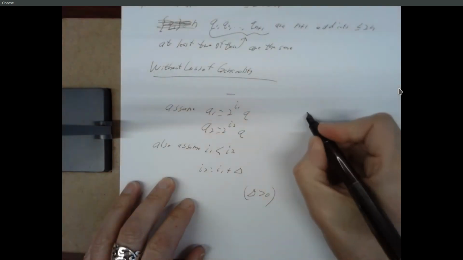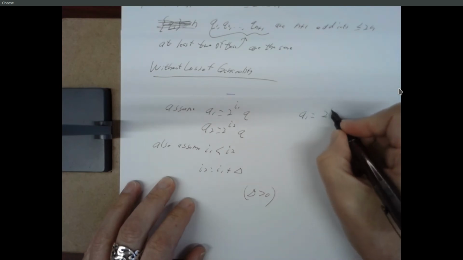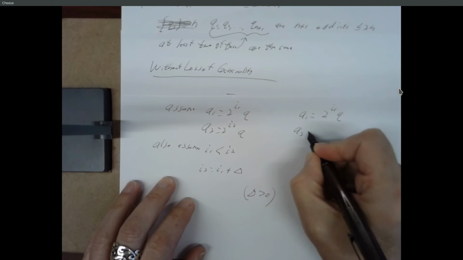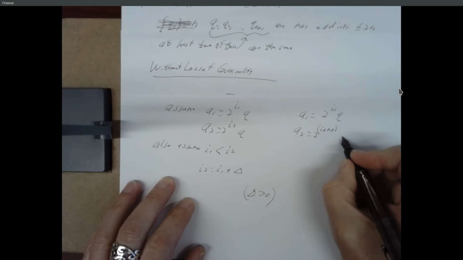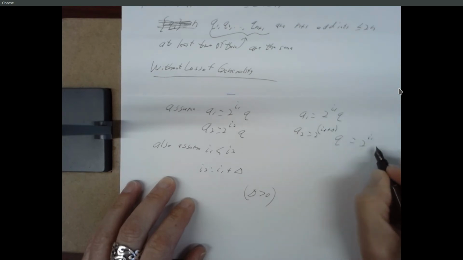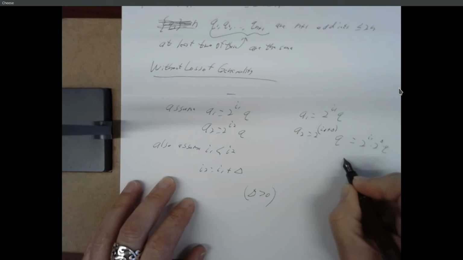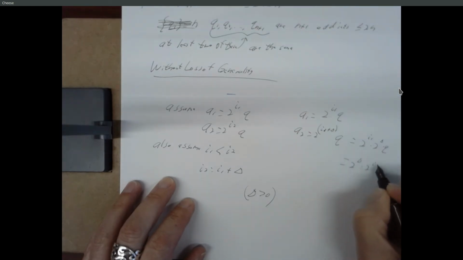And so I can write A1 equals 2 to the I1 times Q. A2 is equal to 2 to the I1 plus delta times Q, which equals 2 to the I1 times 2 to the delta times Q, which equals 2 to the delta times 2 to the I1 times Q, which equals 2 to the delta times A1, and so A2 is a multiple of A1. And so that proves our result.